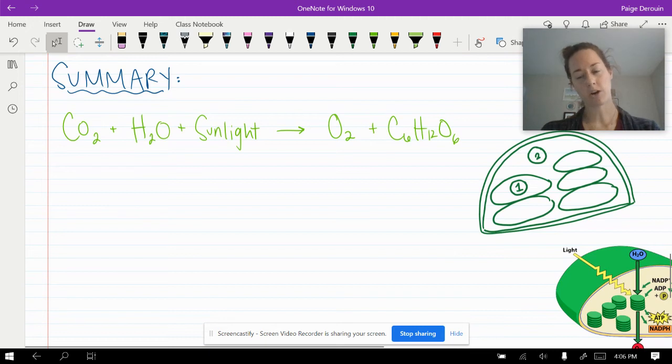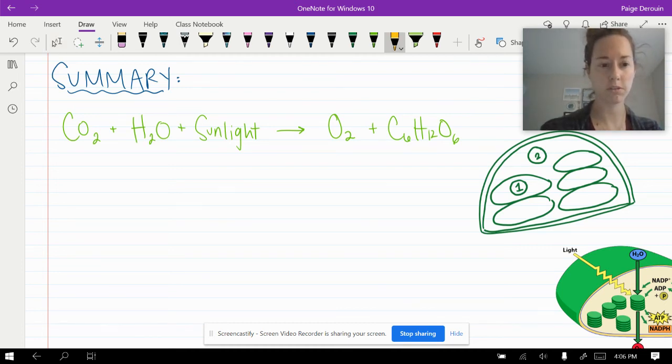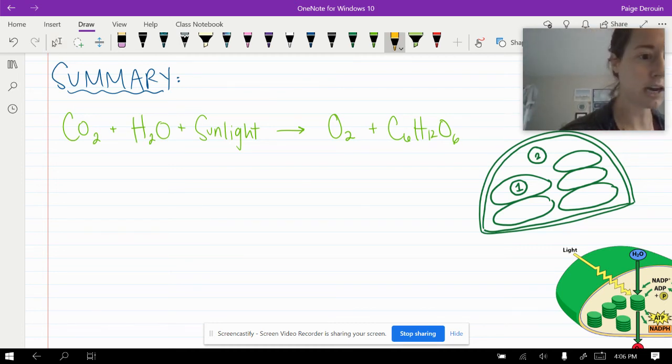Okay, so I'm going to do a little summary. Here I have my equation again, and I'm just going to make a note of which step each of these things is either used or produced in. So my CO2 is used up in the Calvin cycle, which is the second part.